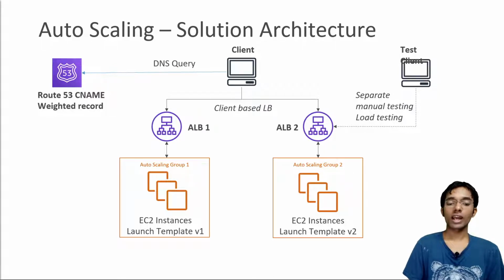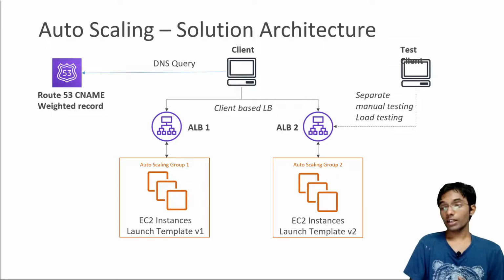Part of our clients will be sending traffic to application load balancer number 2, and part of our clients will be sending traffic to application load balancer number 1. That allows us to have a small amount of traffic going to application load balancer number 2.